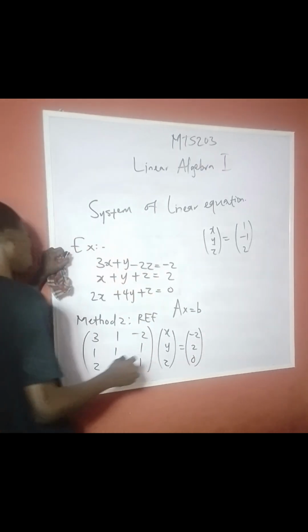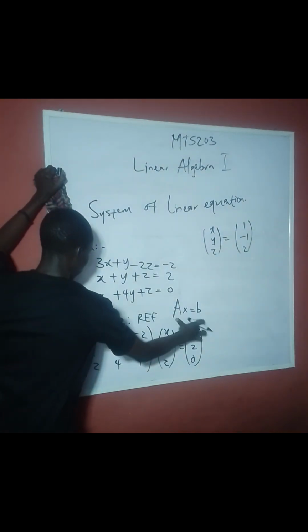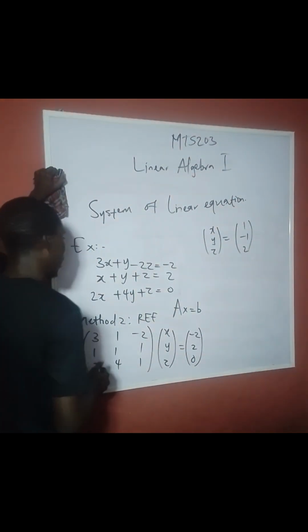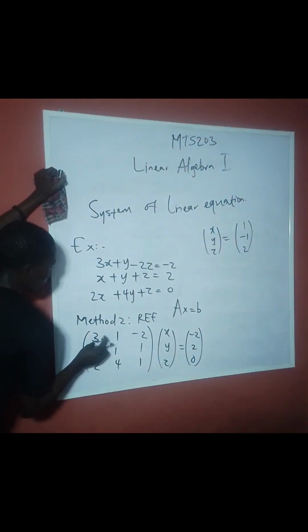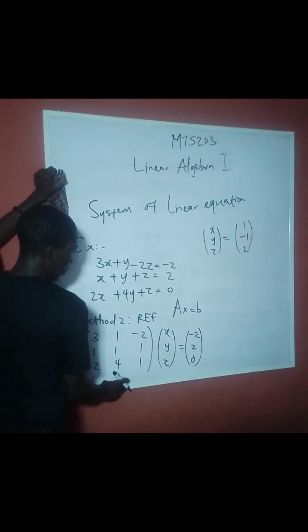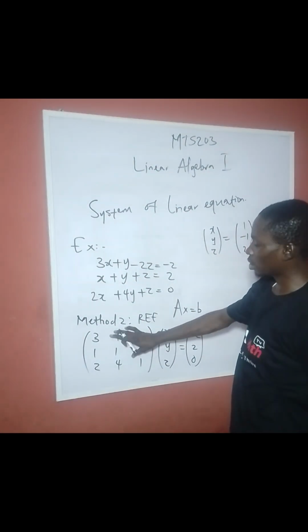So this is what I mean by this. For me to use the reduced echelon form for this, I know my leading diagonals for this matrix. The reason I call it leading diagonal is because I have a square matrix, a 3 by 3 matrix.